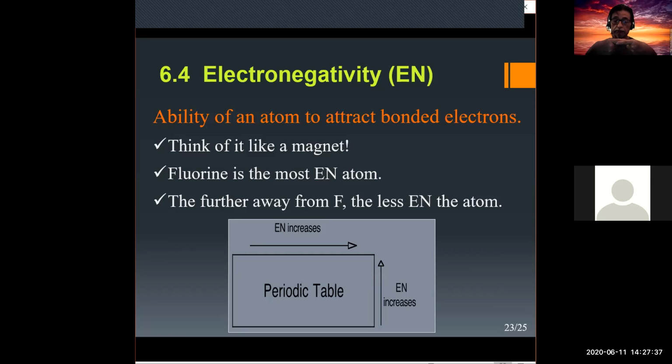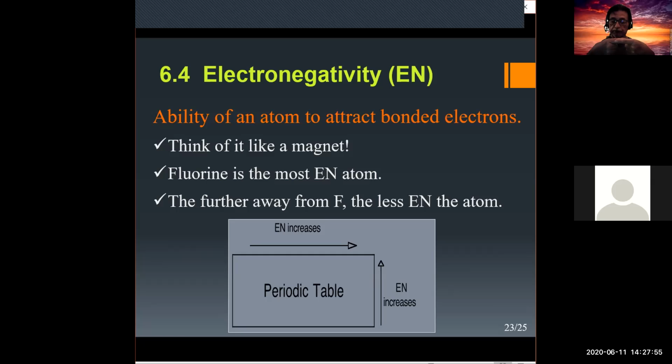And those two electrons that are being shared are going to be shared equally or unequally. They're not going to break the bond.